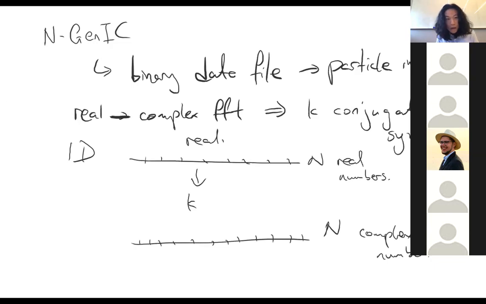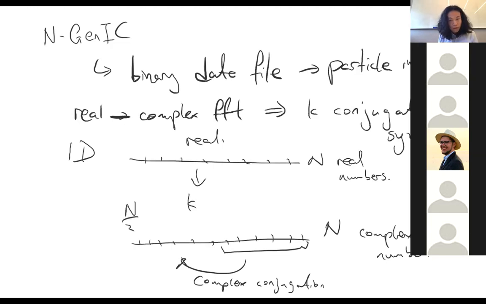So it feels like you got way more information, because now you have 2n degrees of freedom. But the second half of the array are complex conjugates of the first half. So really you only have n/2 complex numbers that are actually independent, and the other half you can derive from the first half of the array.